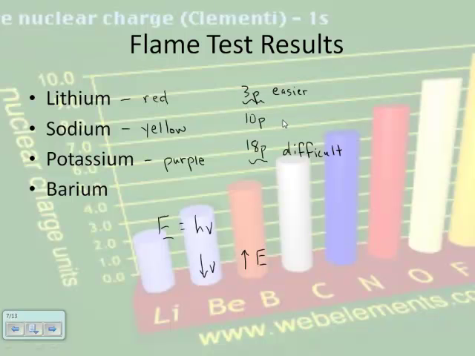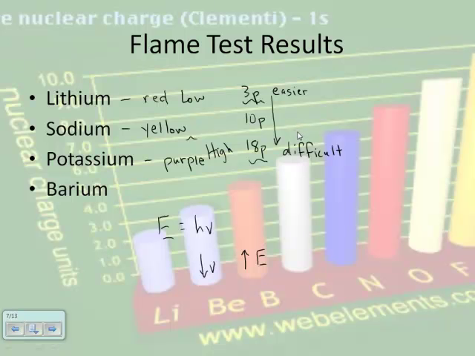And so that is a good demonstration of how this works, because red is the lowest energy, so it was easy to pull those electrons away, and purple is our highest energy. What about yellow? It's in the middle.